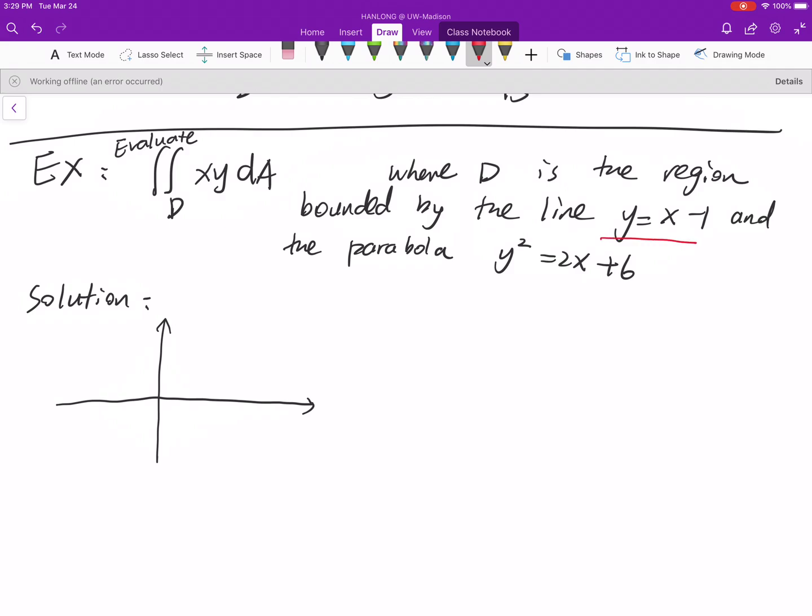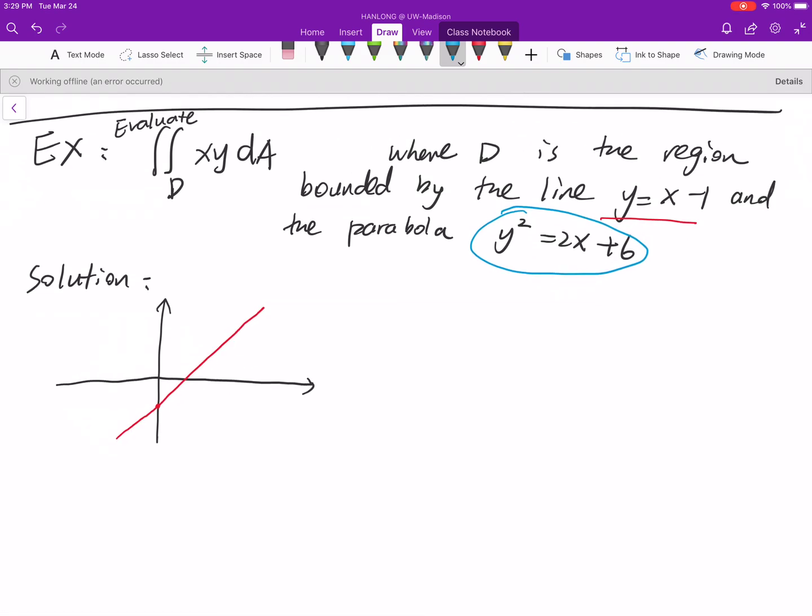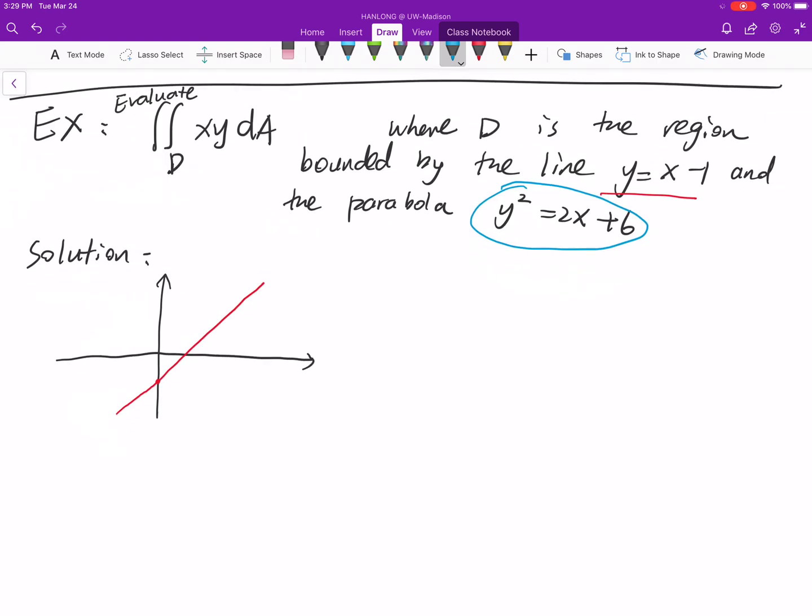So the y-intercept is negative 1, and then the slope is 1. So you go like this. And then secondly, you have the parabola, but now the mouth of the parabola is towards the positive x direction.